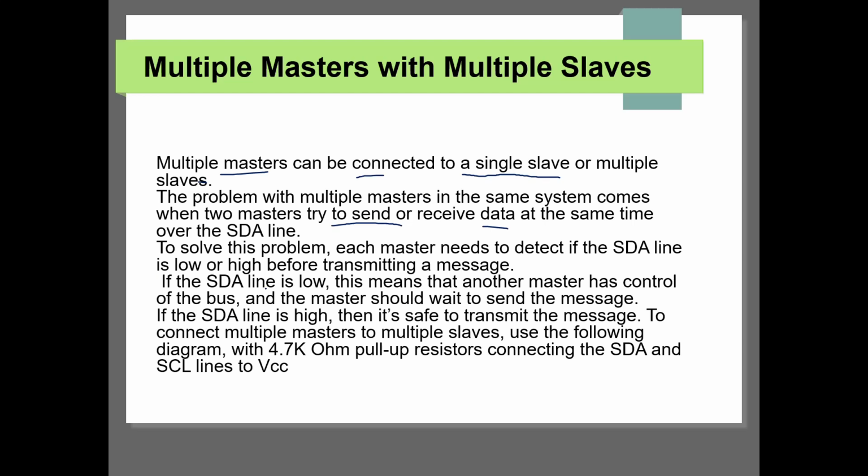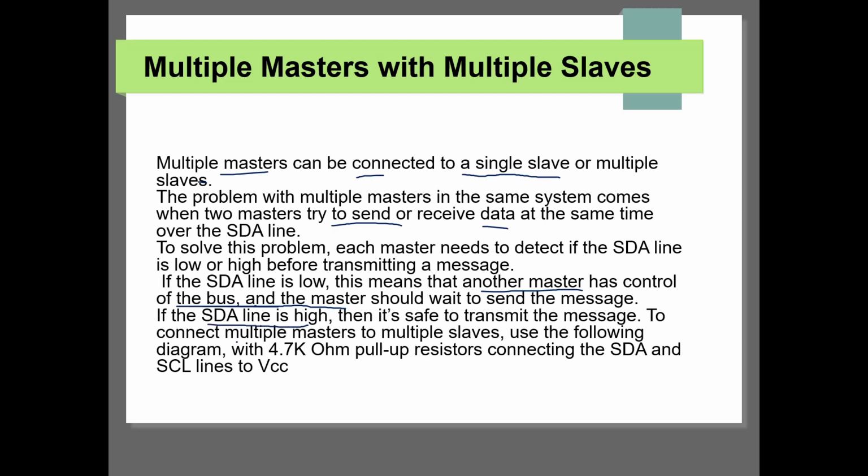If the SDA line is low, this means another master has control of the bus, because it is already in low condition, that means someone is doing some other operation on that SDA line. So the other master should wait to send the message. If the SDA line is high, then it is safe to transmit the message. I told you, if the SDA line is high, it is in idle condition.